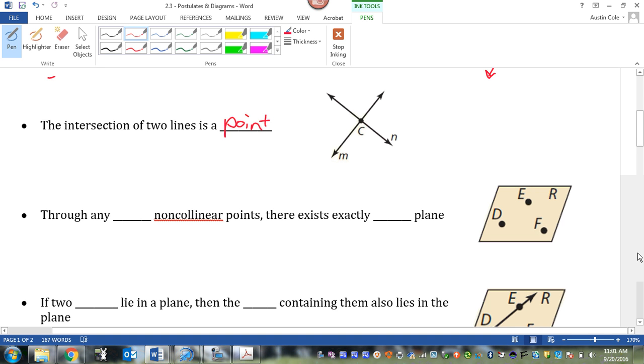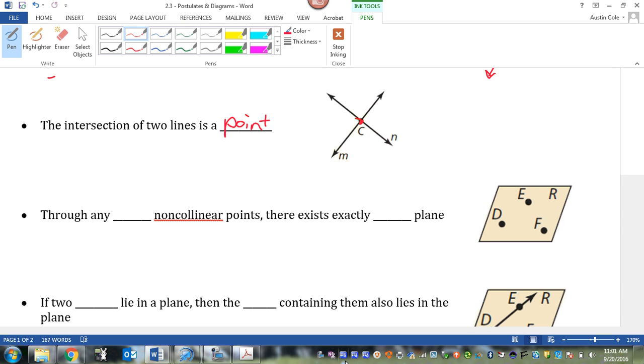So if two lines intersected in a line, what would they be? If you have two lines like this and they intersect in a line, it's just the same line again. So all that says is that for lines to intersect, they meet at exactly one point.